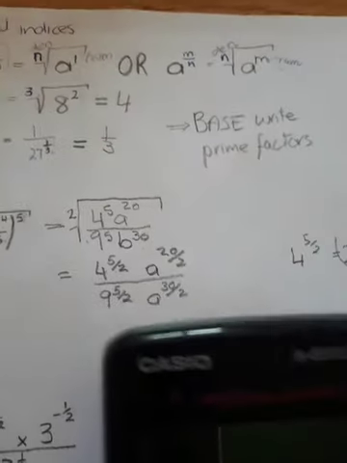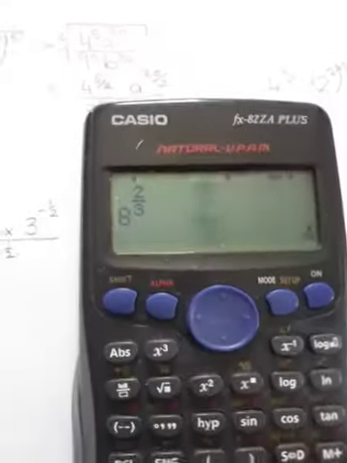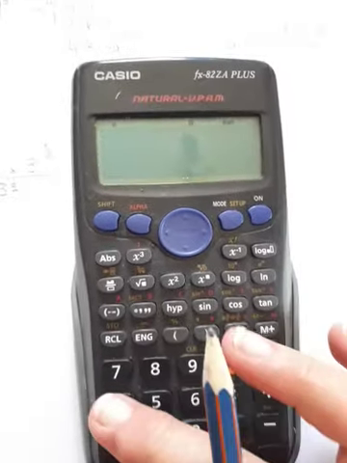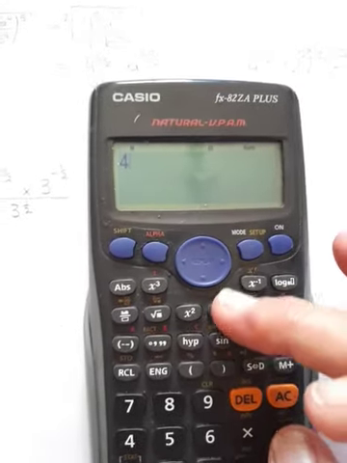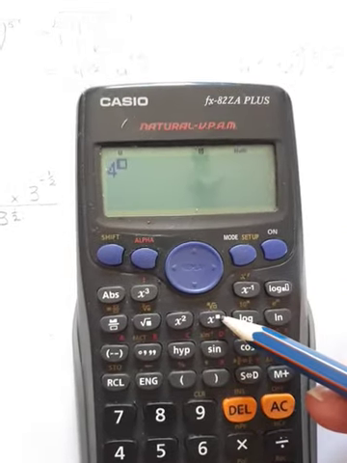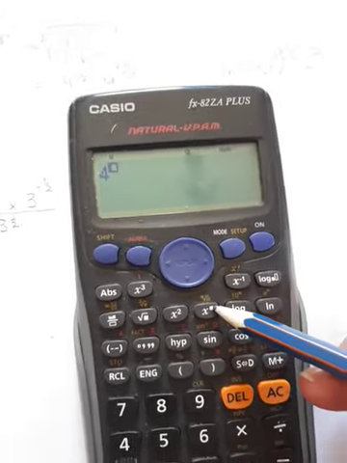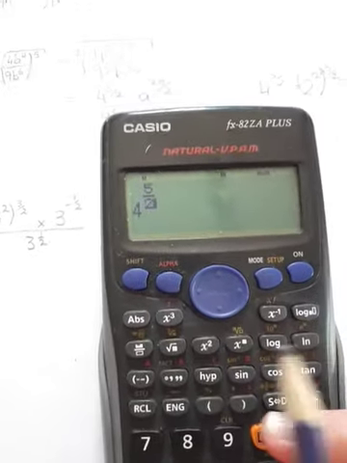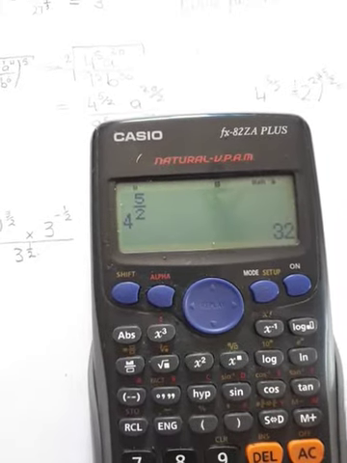Maybe I should just show that once again. So, use your calculator, press 4, then use the power key, which enables you to do any index, to the power of 5, make it a fraction over 2, and that gives you an answer of 32.